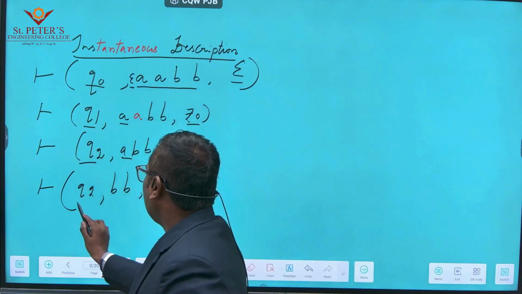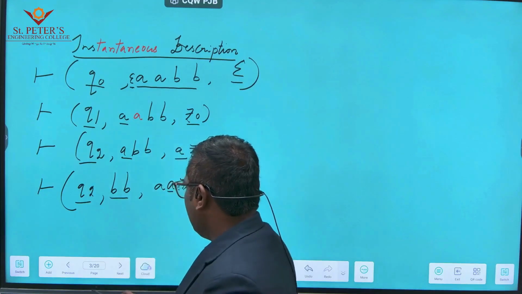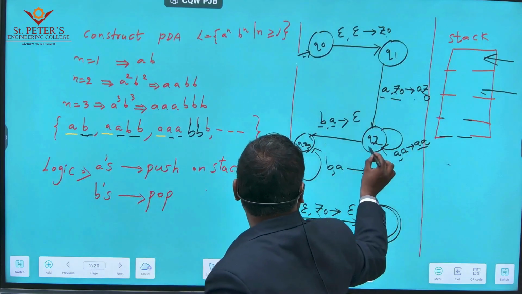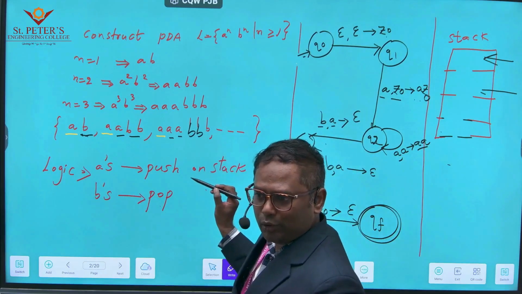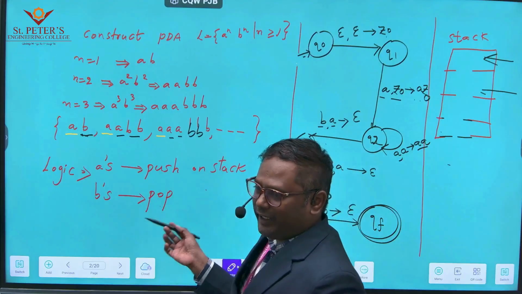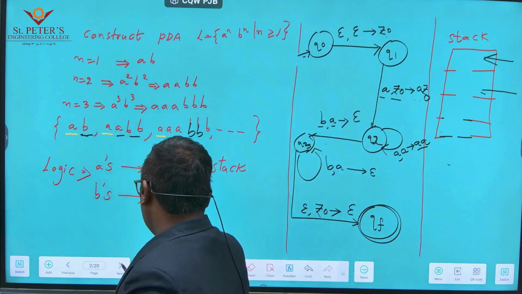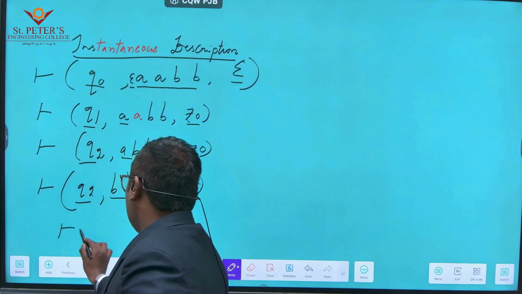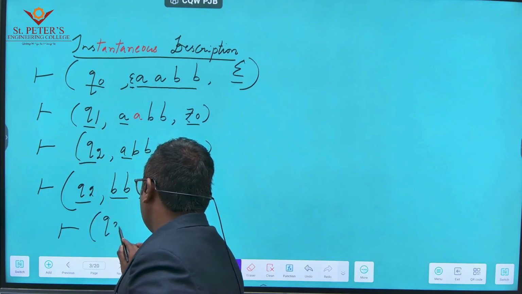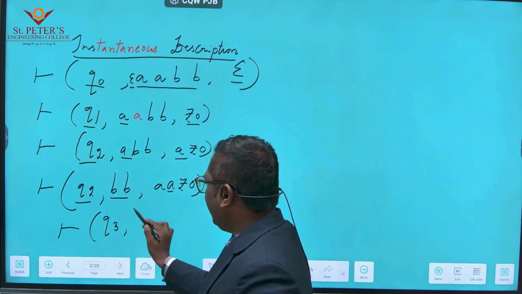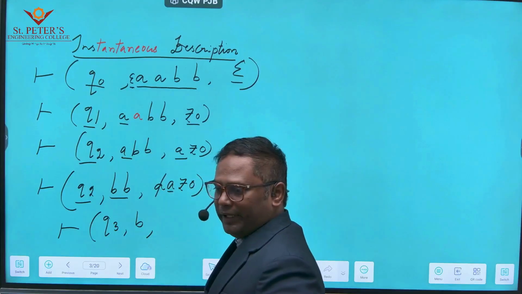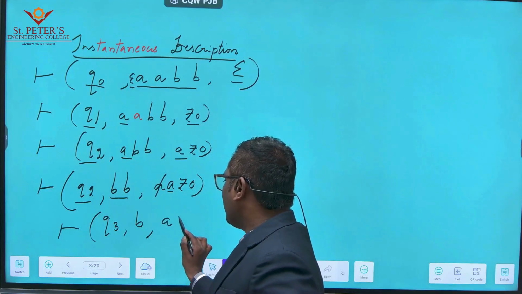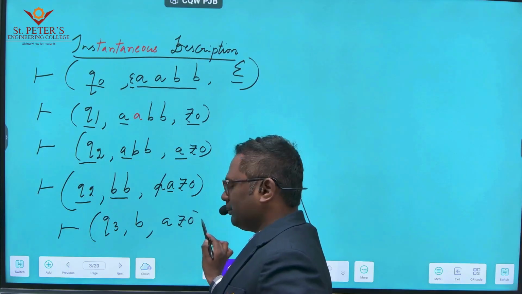Now Q2, B and A. For the Q2 state, if I give B with A on top, I am going to the Q3 state. I am reaching the Q3 state. Epsilon here indicates popping. So I am going to transition for the Q3 state. The remaining input is B, and epsilon indicates I am popping it. Now the remaining stack is AZ0.